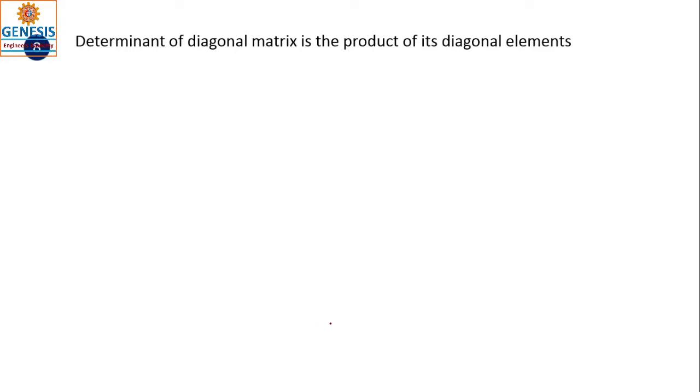See this. This is a lower triangular matrix, which is a part of a diagonal matrix. So the determinant of A is 4. You can also try 1 into 4 into 1, which is also 4.